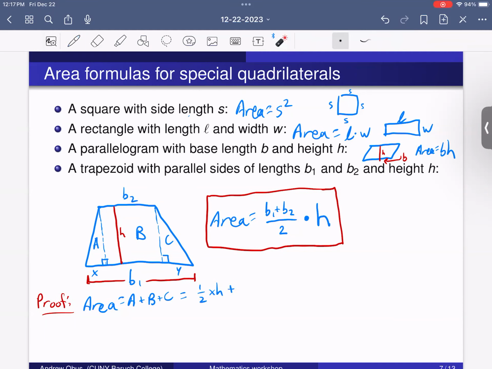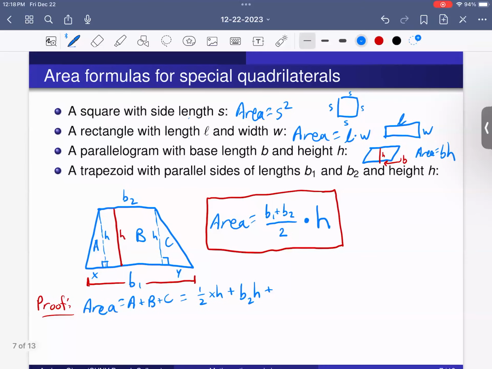Now B is a rectangle with height H and width B2, so this would be plus B2H. And then C is a right triangle also with height H, and the other side is Y, so the base is Y. So we have plus 1/2 YH.